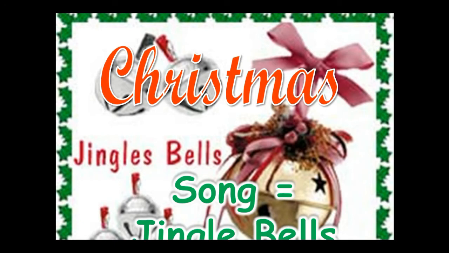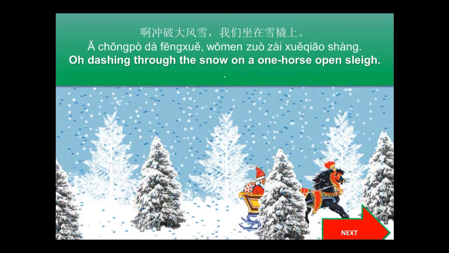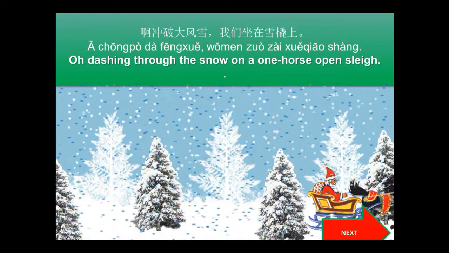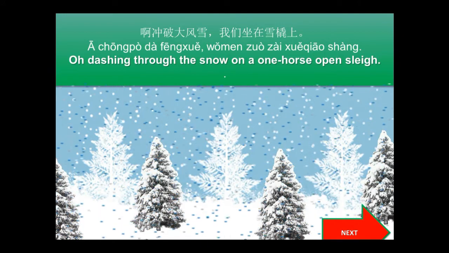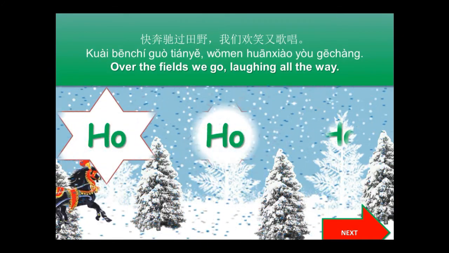Now, after they come back from singing a song, I'm actually going to teach them a song. When I teach them songs, I include the Chinese characters along with the pinyin, and I have the English on here.